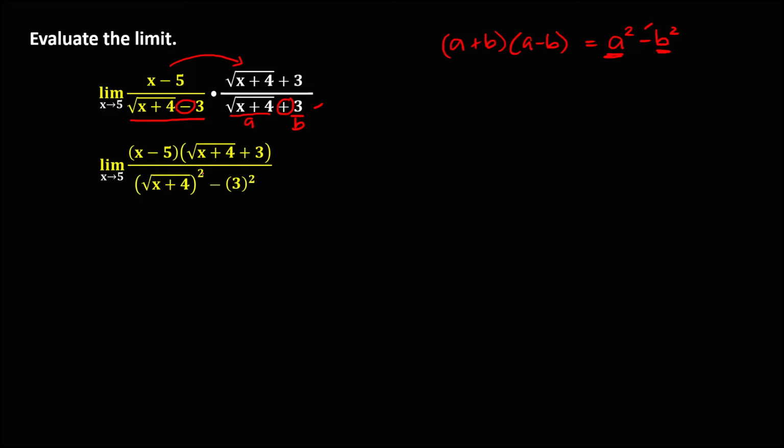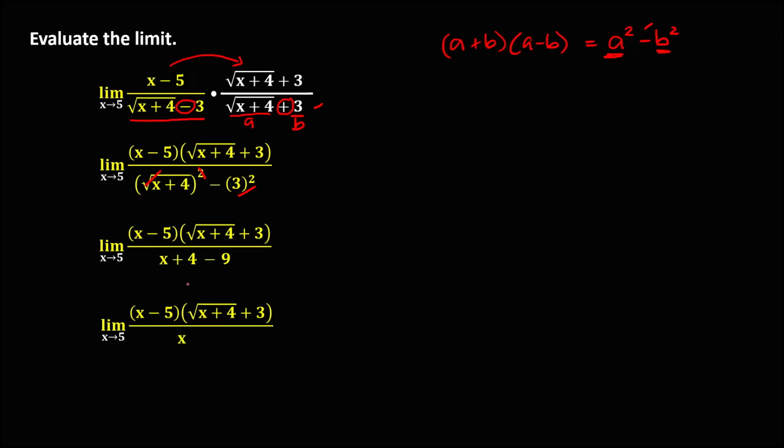Then to simplify, we can cancel this radical. So we have x plus 4, then minus this 3 squared, that's 9. Then x and positive 4 minus 9 is negative 5, so x minus 5. This time, we can cancel this x minus 5. So the remaining is the limit of the square root of x plus 4 plus 3 as x approaches positive 5.